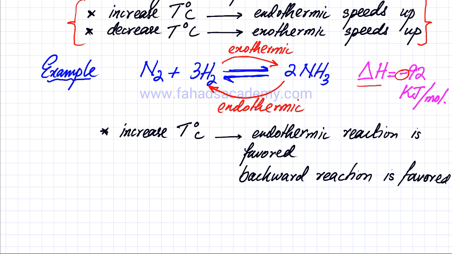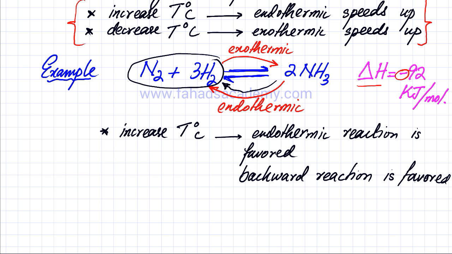So the backward reaction is favored. Since the backward reaction is speeding up compared to the forward reaction, there would be more N2 and H2 formed.